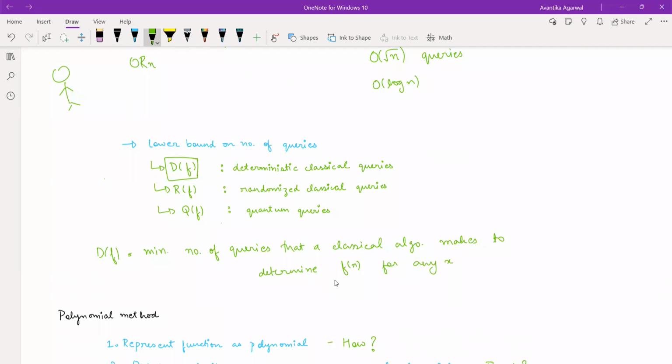A classical algorithm might need just 2 queries for one particular input, and it might need 10 queries for another input. Supposing that 10 is the maximum number of queries it needs over all the inputs, we'll say that the classical deterministic query complexity is 10, for 10-bit inputs.